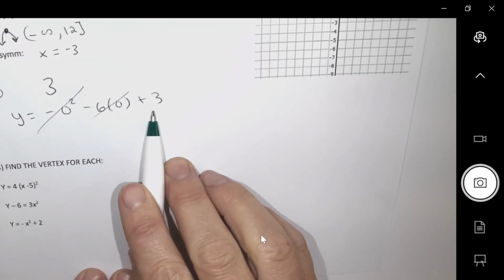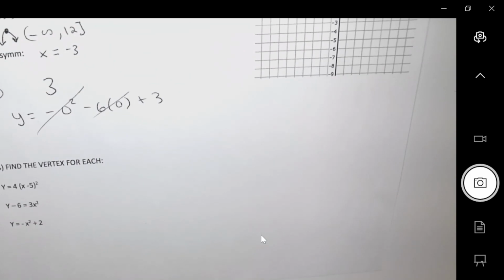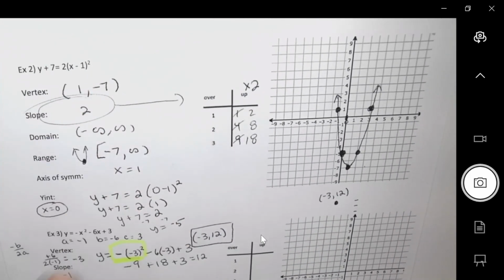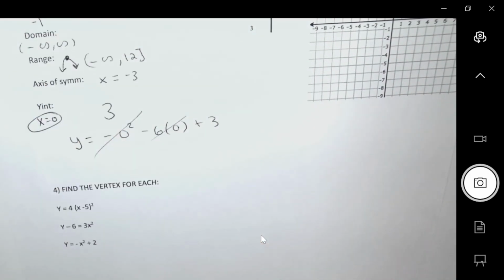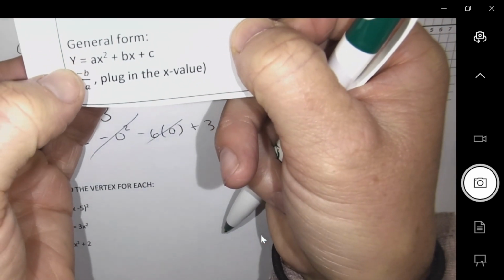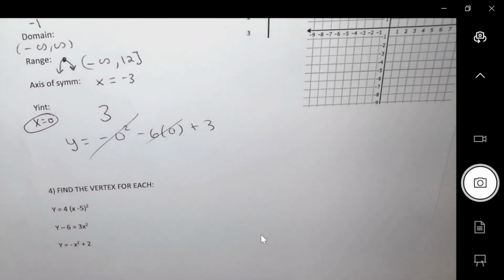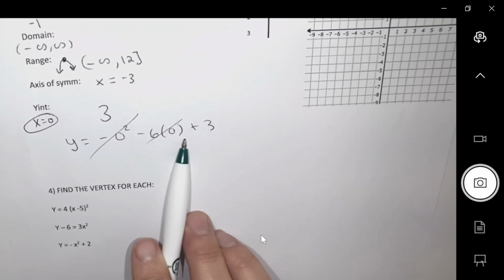They disappear and you end up with just the plus 3. Is that how it is for all of the equations like this? Like in this form, it's always just the constant number. What happens to the negative 6? It's negative 6 times 0. Oh, okay. Because you plugged in a 0 for the x.